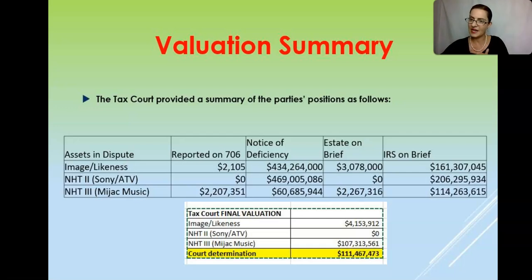I would have never imagined, me personally, that Michael Jackson's estate would make this much money after his death, especially considering the turmoil surrounding his image and his likeness and everything having to do with the accusations before his death. The court came up with a valuation of a little bit over 111 million, and they didn't impose any accuracy-related penalties against the estate for undervaluing these assets once everything was said and done.